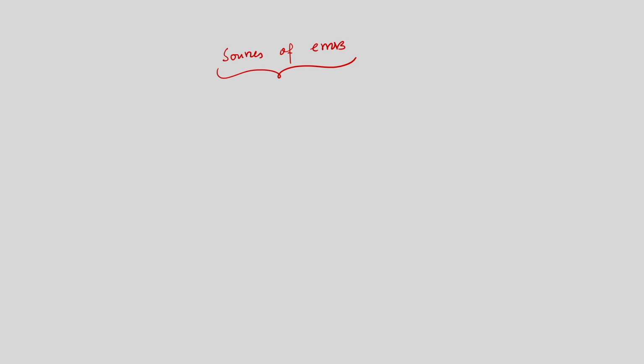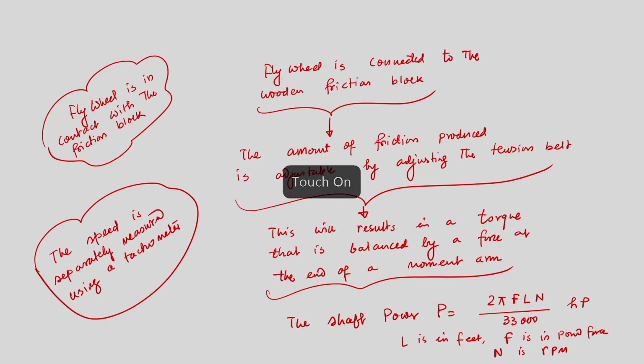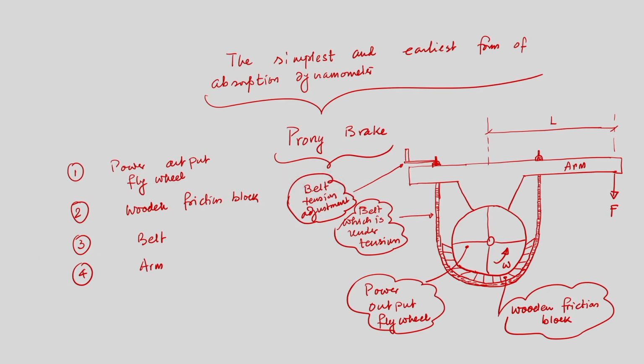Because if we go back to the previous slide, what we can see from the schematic is that the flywheel is rotating at an angular speed omega, and we are trying to keep the belt under tension by adjusting the belt tension adjustment part.